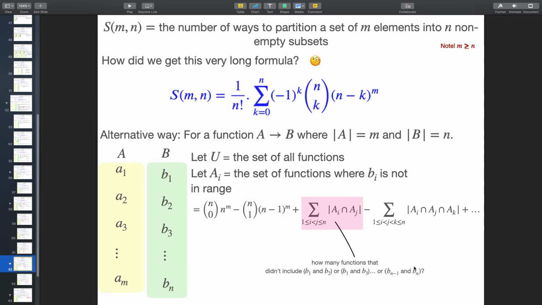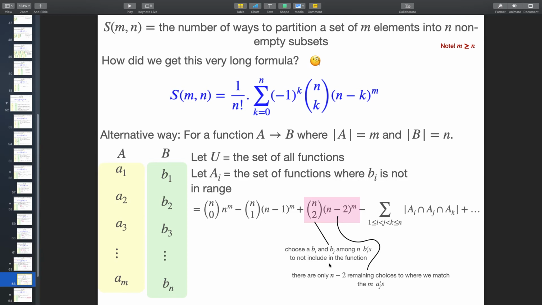Next, ito. How many functions are there that didn't include B1 and B2 o kaya B1 and B3? So yung pairwise na ano na combinations ng 1 to n. So paano naman natin i-represent to? So kamukha lang siya nito, right? Pero this time we are choosing 2 B sub i's to not include.